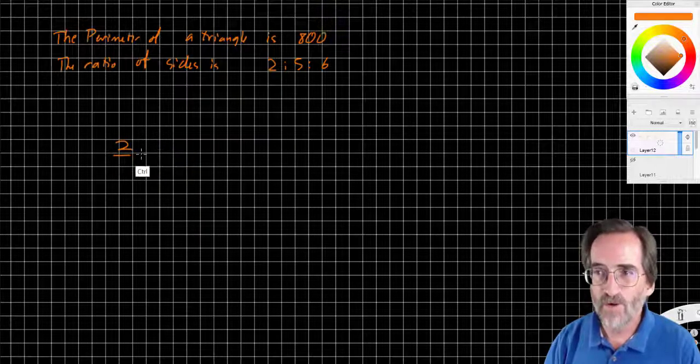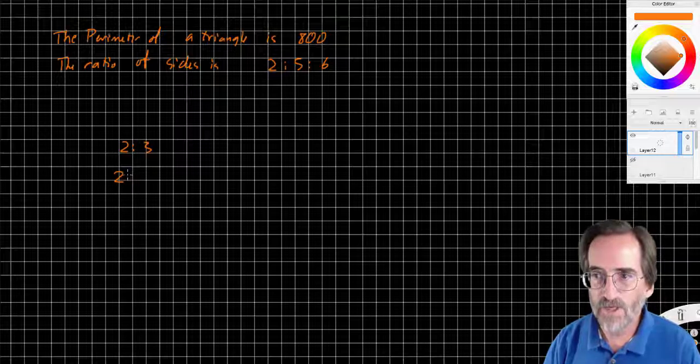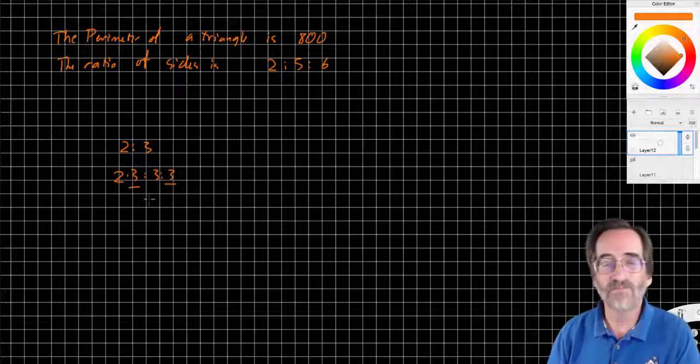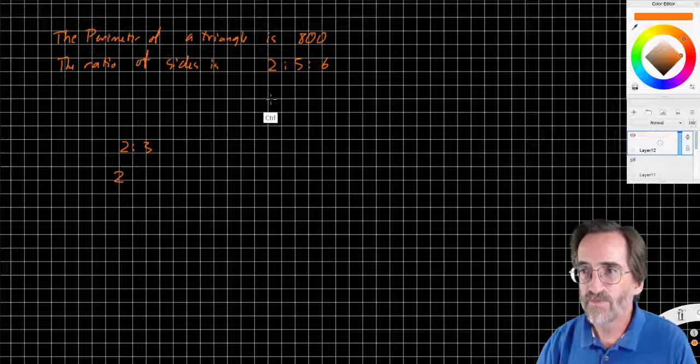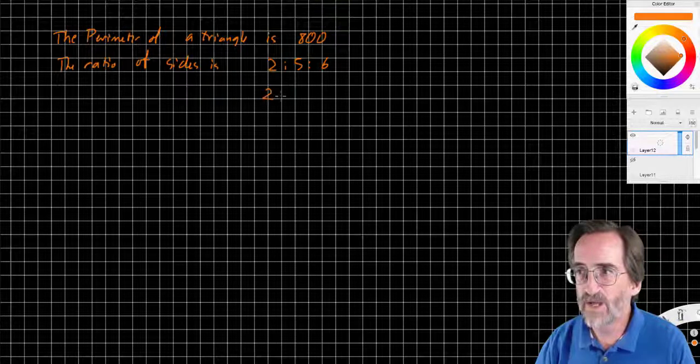If I have a ratio of 2 to 3, that's the same as the ratio of 2 times 3 to 3 times 3. You can multiply any factor you want by all the terms, and the ratio remains the same. So let's multiply all three by some number a: 2a to 5a to 6a.